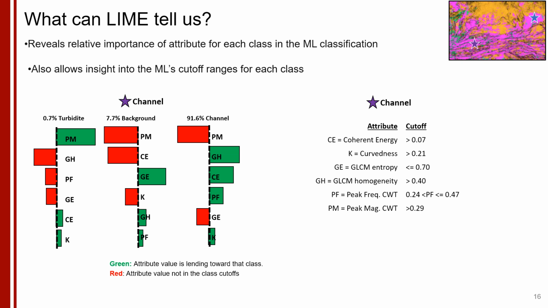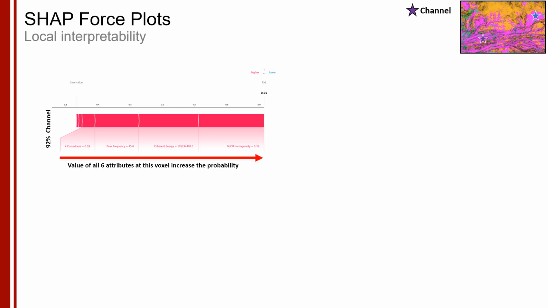Where that purple star is, LIME tells us that there was a 91.6% probability that it's a channel, and a 7.7% probability that it's background. And then we can also look at the cutoffs shown on the right side of the screen. To be classified as a channel, the coherent energy tended to be above 0.07. So we can do it quantitatively and qualitatively.